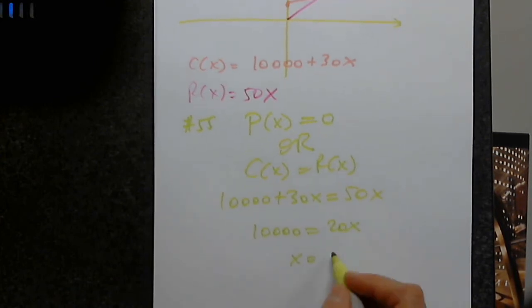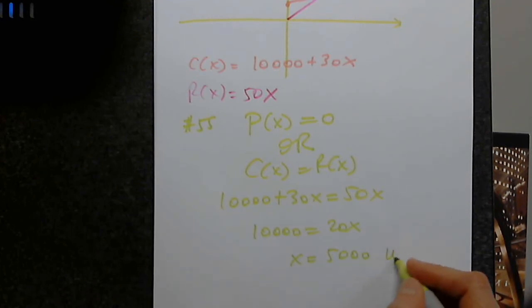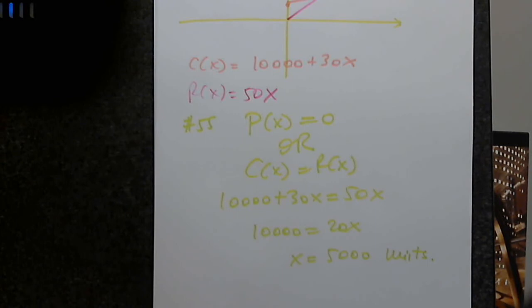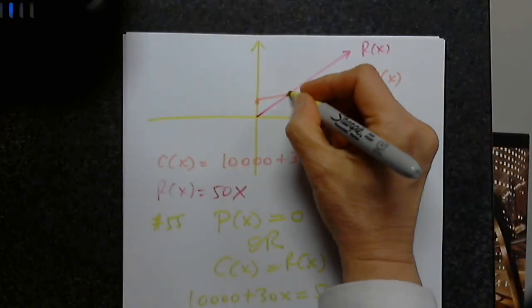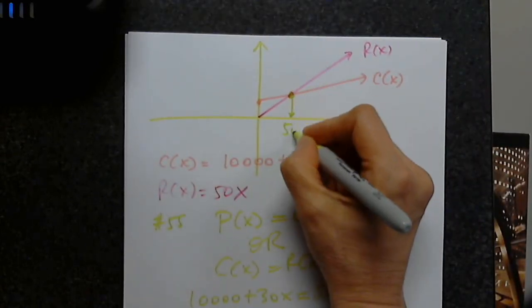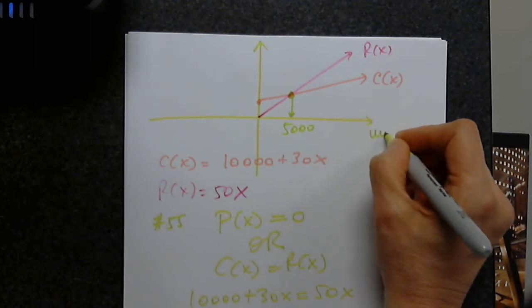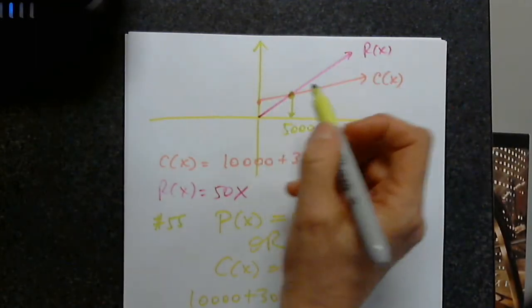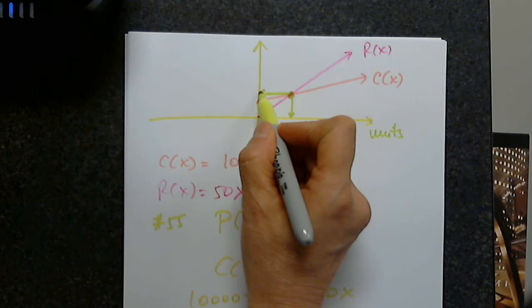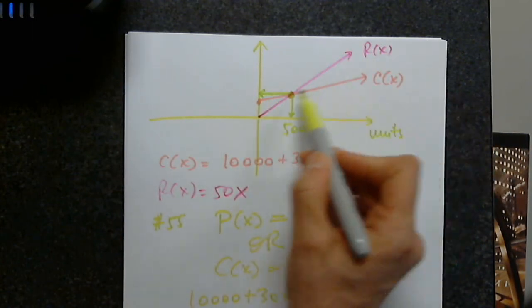So then x equals 5,000 units. This is the point at which, when they manufacture 5,000 radios, the revenue and the cost are equal.